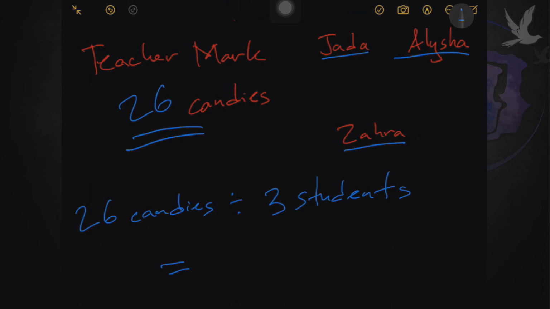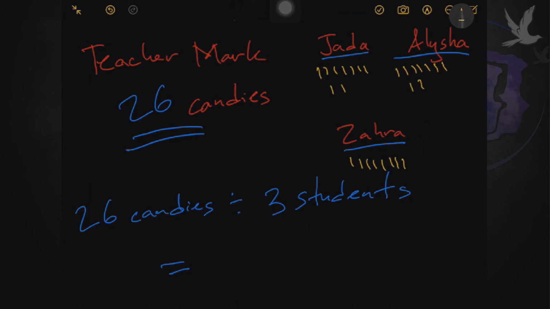So for example, distribute ko na 26 candies, which means I just need to count from 1 to 26 while distributing it evenly. We have 1, 2, 3, 4, 5, 6, 7, 8, 9, 10, 11, 12, 13, 14, 15, 16, 17, 18, 19, 20, 21, 22, 23, 24, 25, 26. And if you observe, I was not able to give one more to Zara.